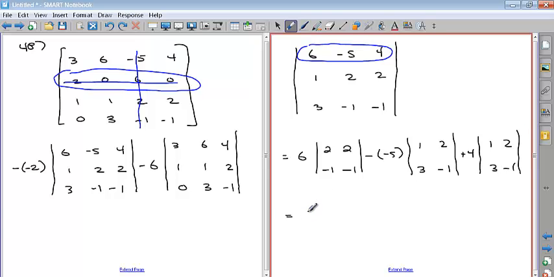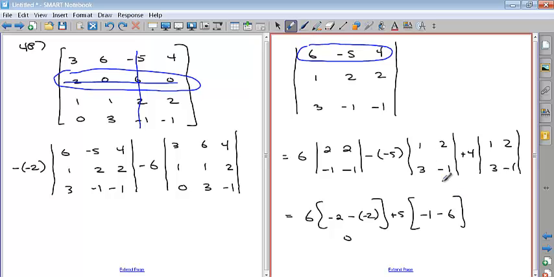Okay, so now we can just use the cross product thing. So you have 6, you get -2 minus -2, that's going to be 0. Then you have +5 times -1 minus 6.